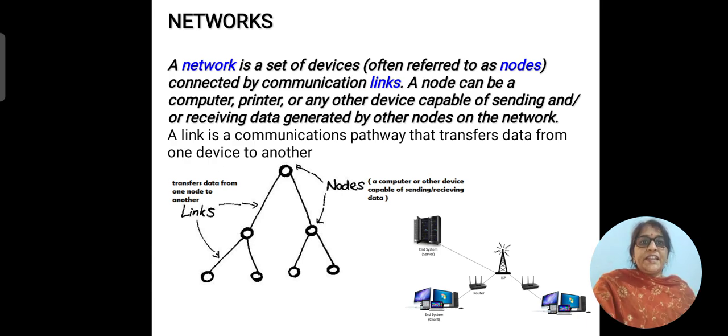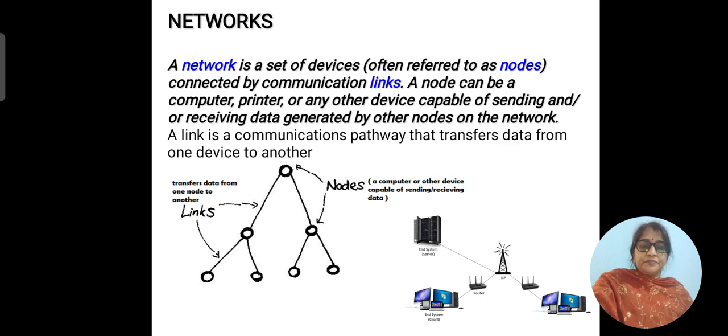As we know, a network is a set of devices, often referred to as nodes, connected by a communication link. A node can be a computer or a printer or any other device capable of sending and/or receiving data generated by other nodes on the network.